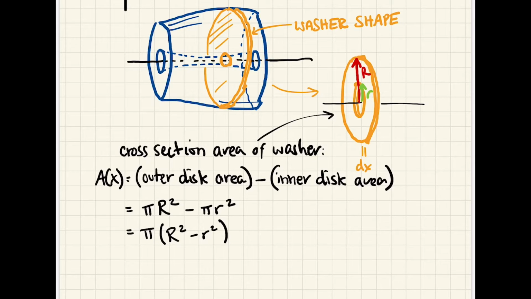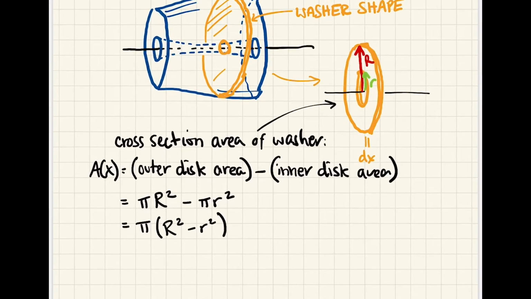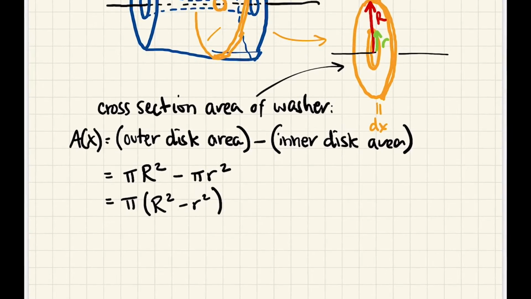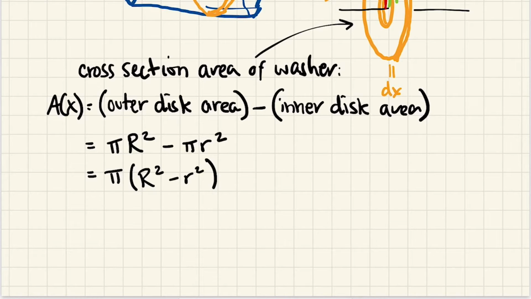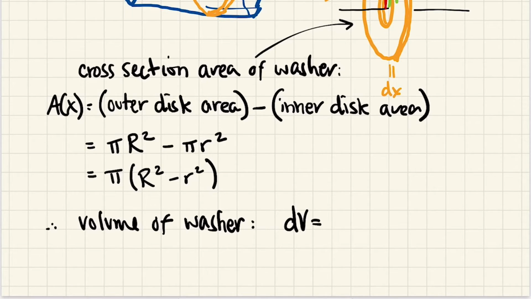So multiplying by dx will give us the differential volume, a tiny amount of the volume. So the volume of a washer is dV, which is pi times capital R squared minus little r squared times the width of the washer, which is dx.